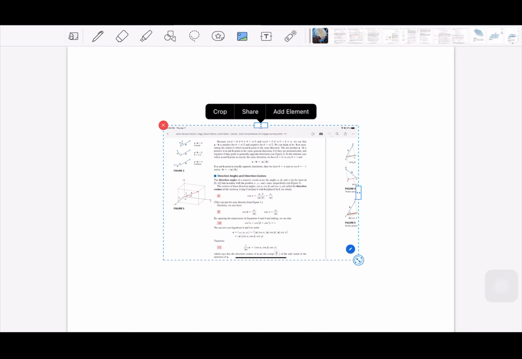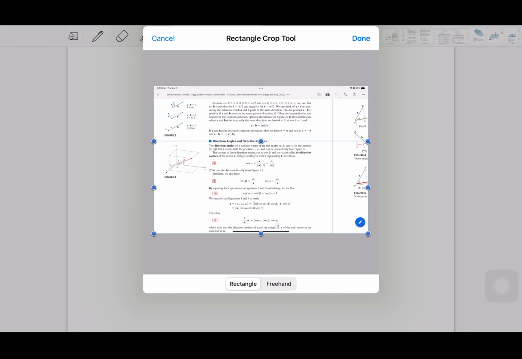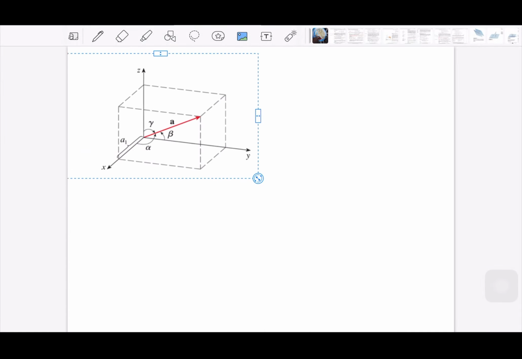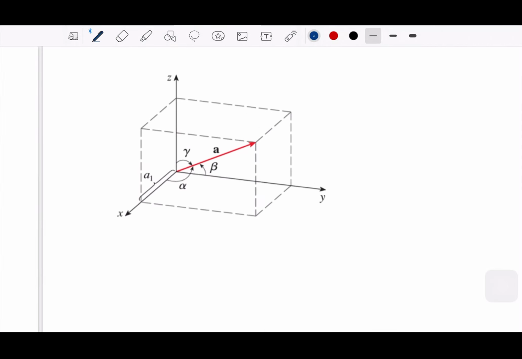Now, another term in the dot product, or in our case here, because we deal with the cosine and the angles, we have something that is related, which is called the direction angles and direction cosines. It's not really that essential or important.